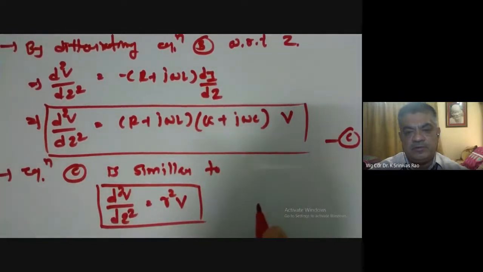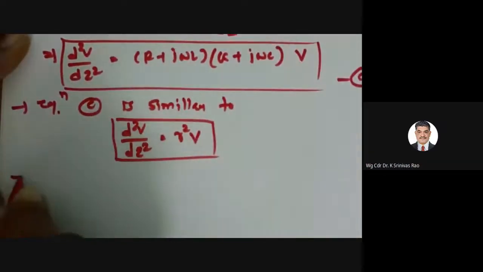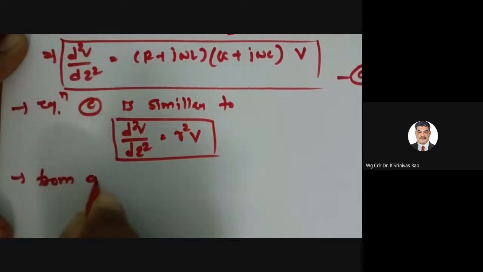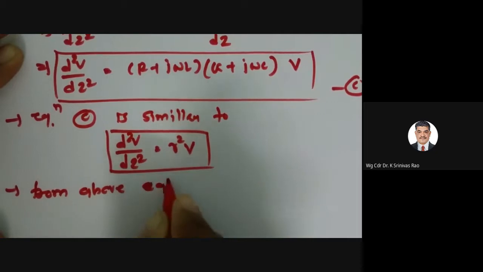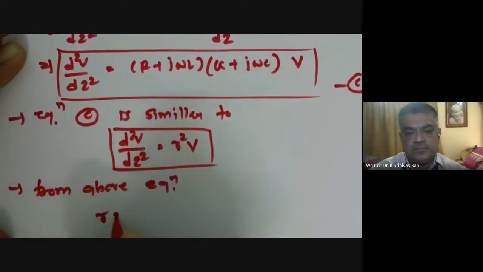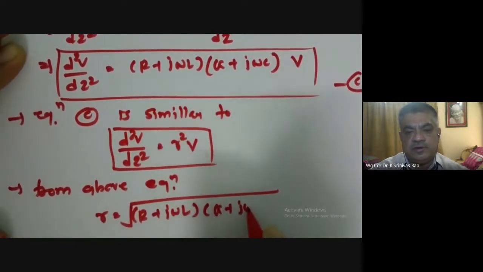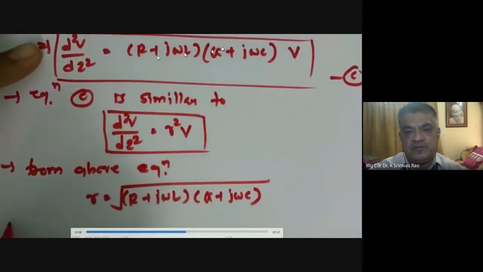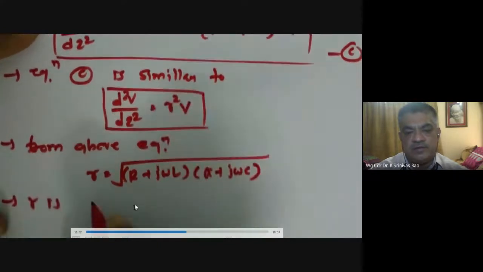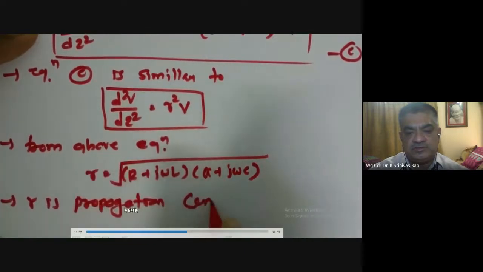Here gamma represents the propagation constant. So we can write gamma is equal to square root of r plus j omega l into g plus j omega c, where gamma is the propagation constant of a transmission line.